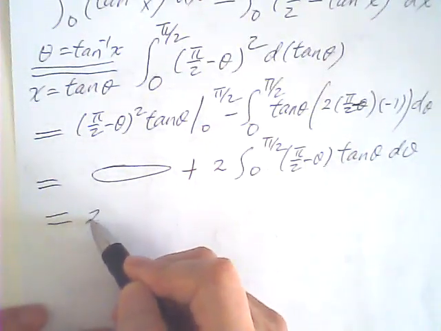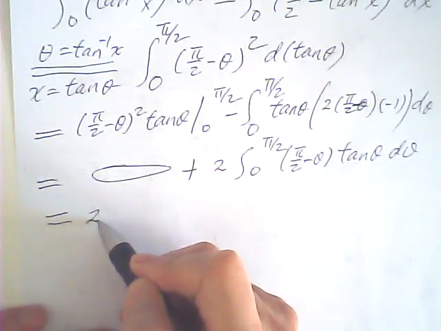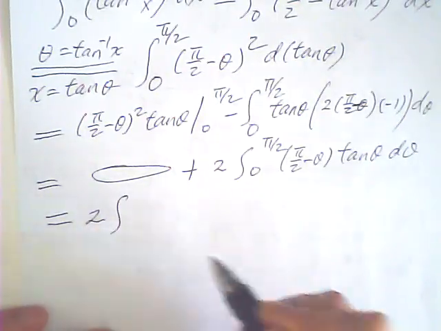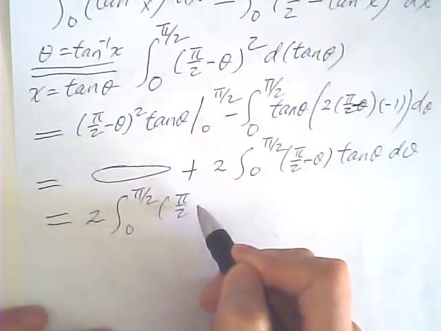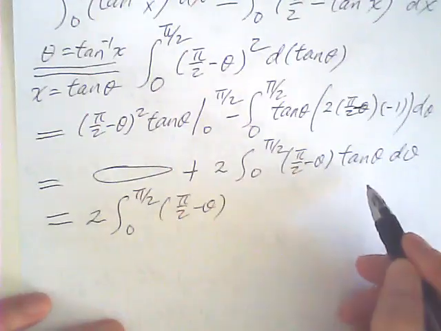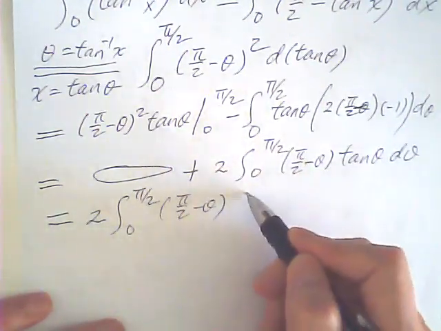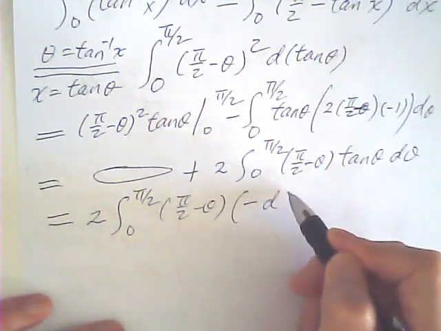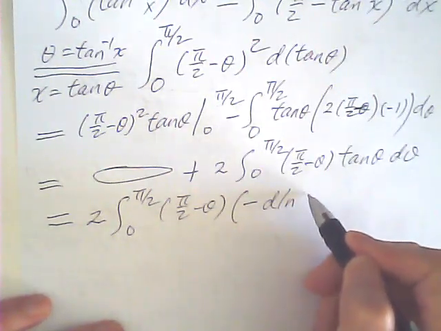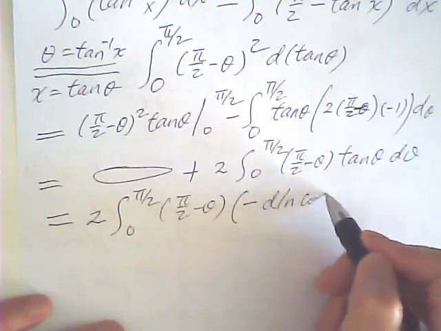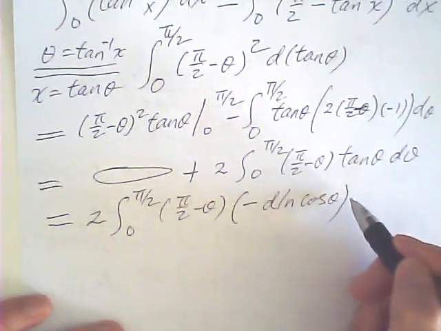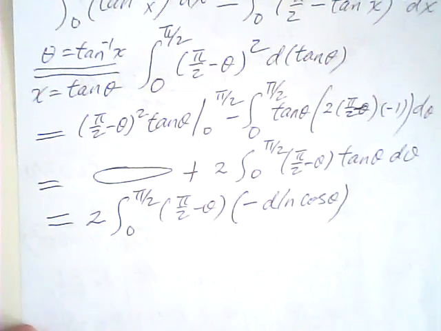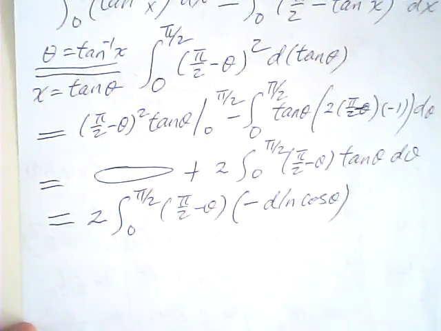Then this one is equal to 2 integral half pi minus theta. Tangent theta d theta is negative d log cosine, right? Yeah, it's good. That's correct.